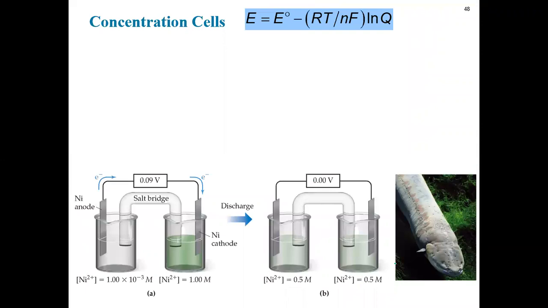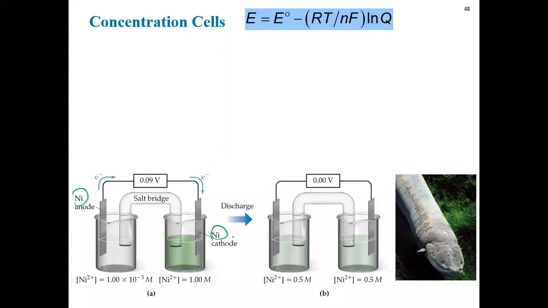All right. So from this Nernst equation, we can produce the so-called concentration cells. What that means is, from the picture at the bottom, you can see you have two compartments or two half reactions, and both of them use nickel and nickel.